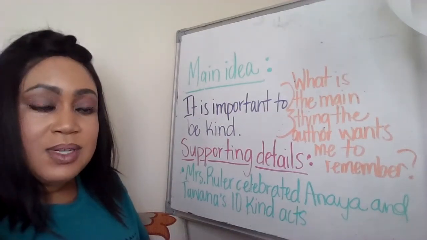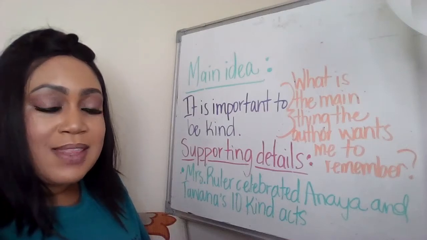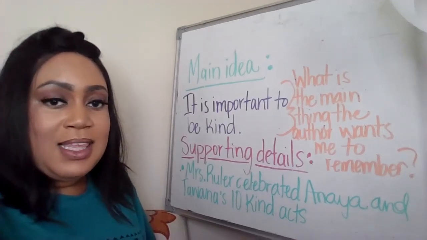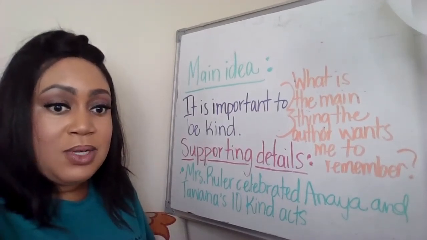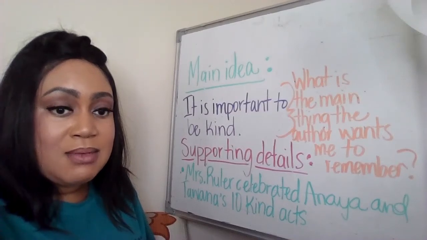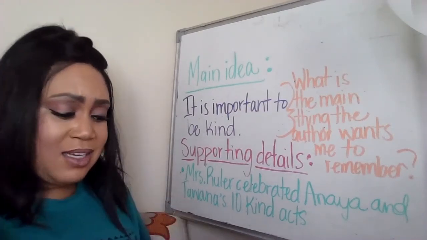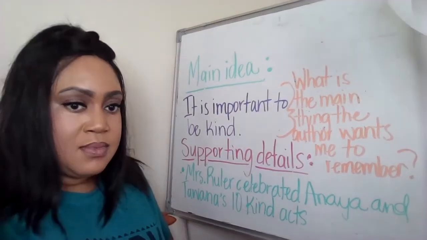Okay, that is very important. That is one detail that shows that the author wants us to remember that being kind is important. Can you think of any other supporting detail?